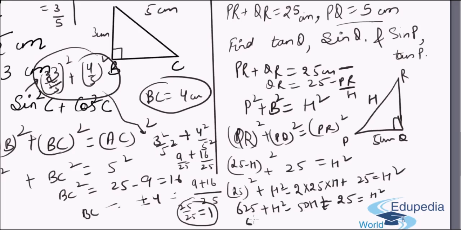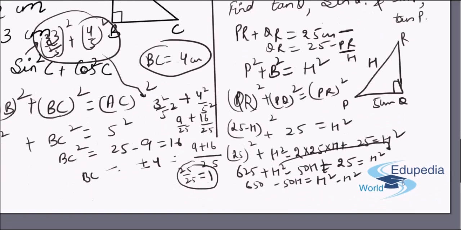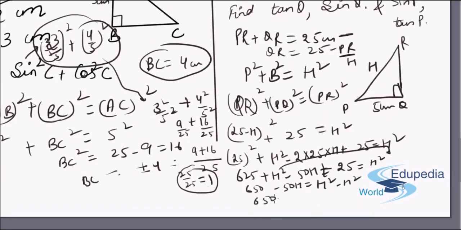That is 650 minus 50H equals H square. Bringing this H square to this side, H square cancels as 0, and bringing 50H to the right hand side, on simplifying, we will get H equals 13. H means PR is 13 centimeter. Thus QR is 25 minus PR, that is 25 minus 13, which is 12 centimeter.